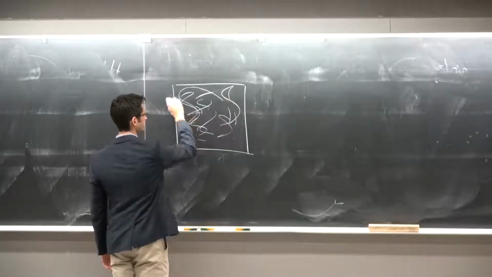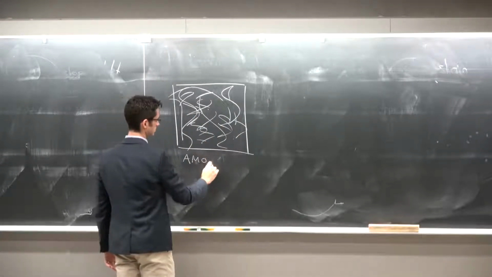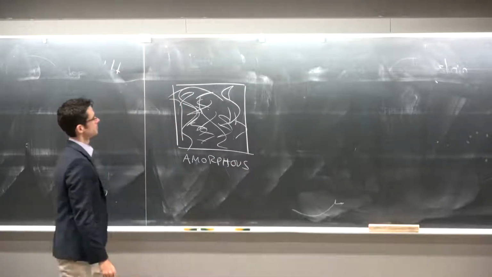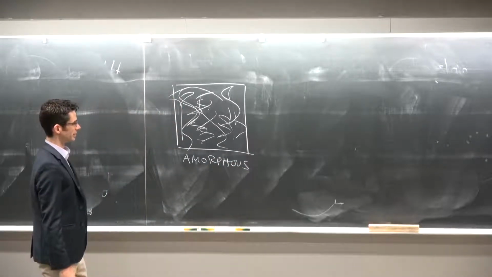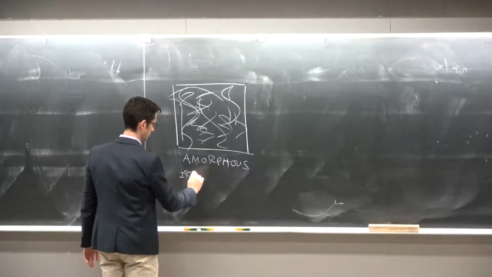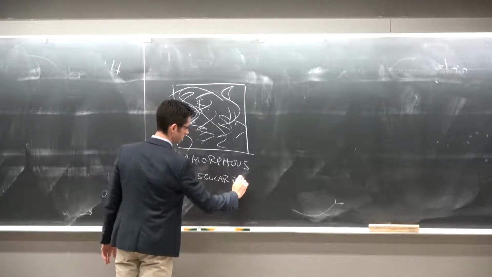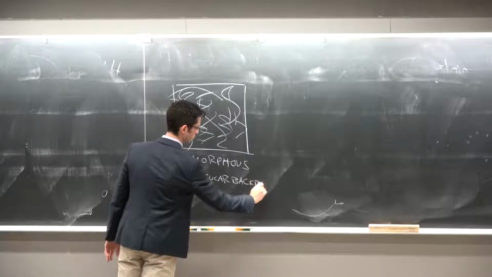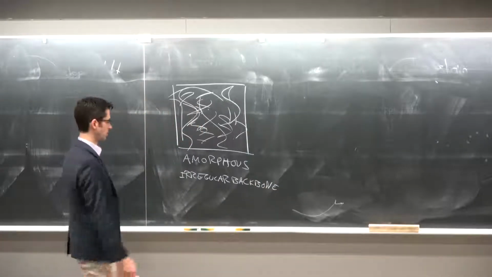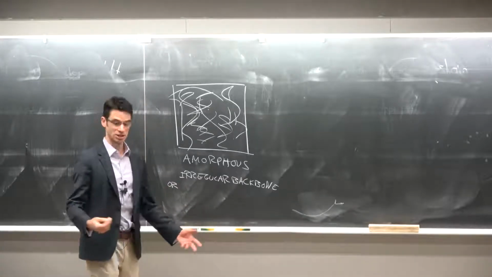Okay, so this is, let's say, purely amorphous. And you might have this with an irregular backbone of the polymer that prevents crystallization, or branching, or irregular branching.